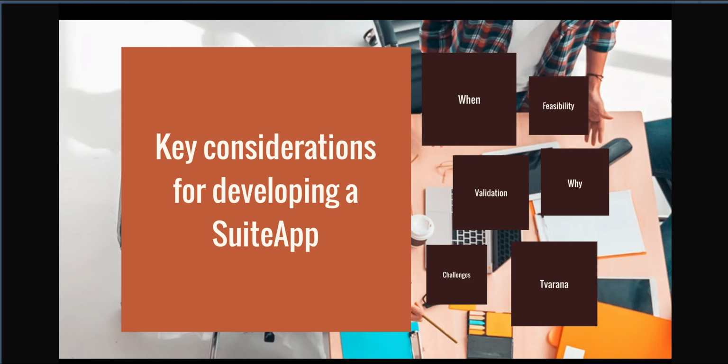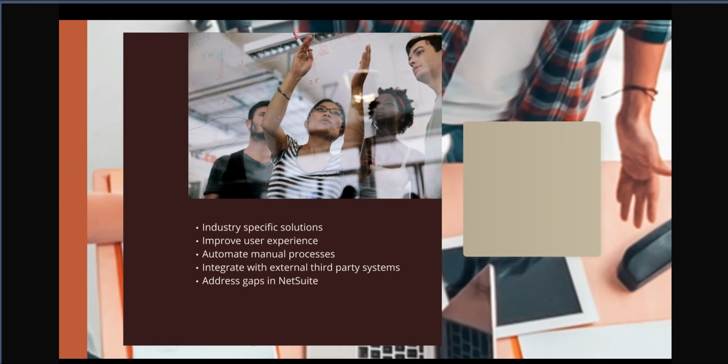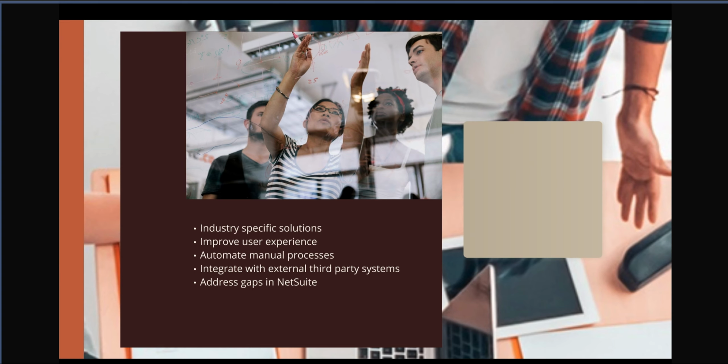So, there could be various reasons that could lead us towards building a suite app for NetSuite. Some of them could be to build industry specific solutions, or to improve user experience, or maybe to automate some of the manual processes, or maybe even to integrate with external third party systems, right?